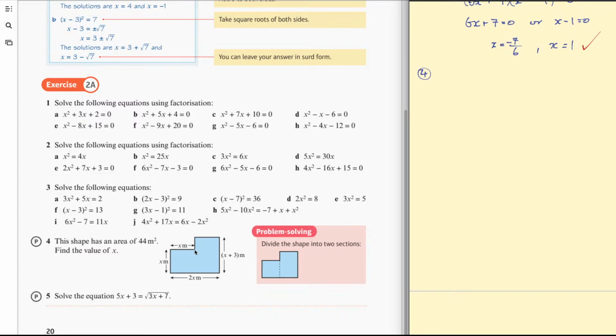This square here had sides of x and x, so that area is going to be x squared, and then we need to add on the area of the rectangle there. And okay, so let's actually draw it out because it's going to help my explanation a little bit.